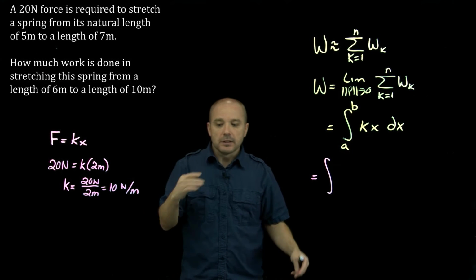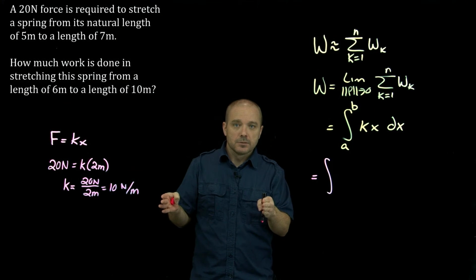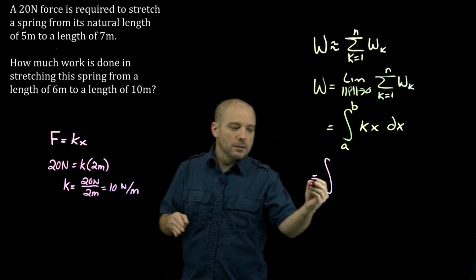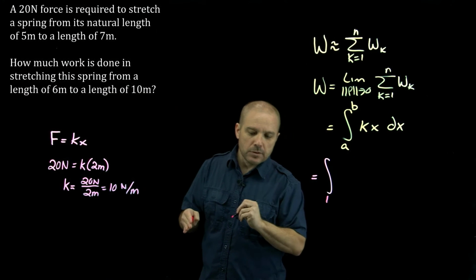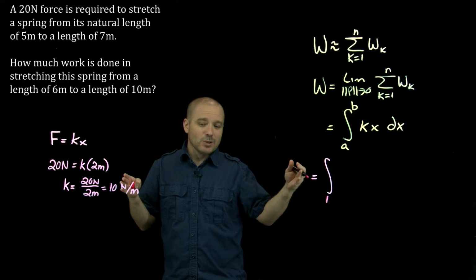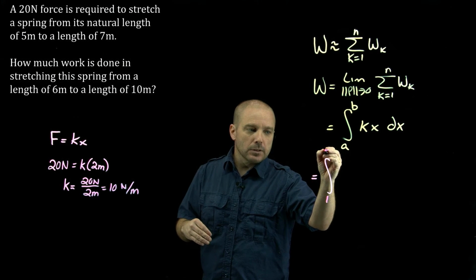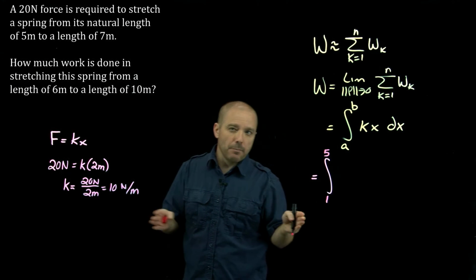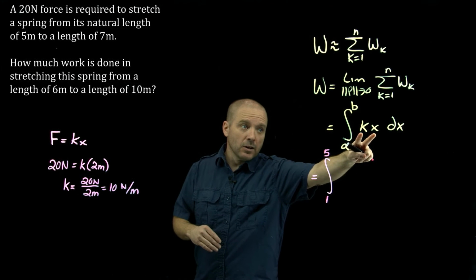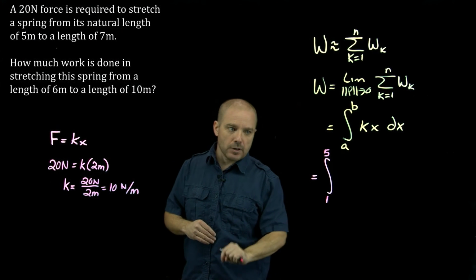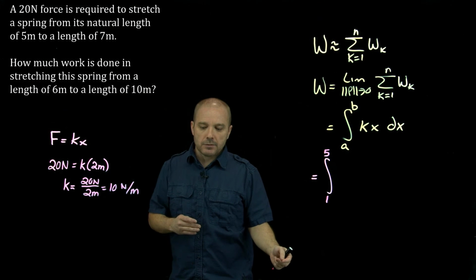Well, natural length is 5 meters, right? So that's 0 amount of stretch. 6 meters would be 1 meter of stretch. And then we're stretching out to a length of 10, which would be 5 meters of stretch. So X is measured in amount of stretch always, because Hooke's law says it's proportional to the amount of stretch. And so X needs to be the amount of stretch there.